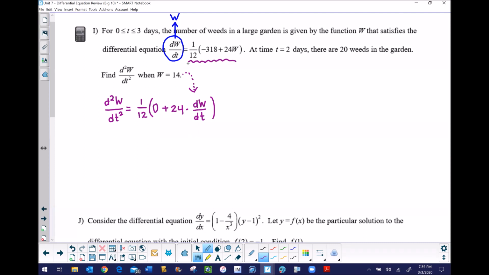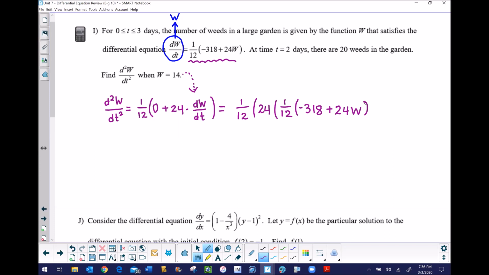We're going to replace the dw with that differential equation, which is much the same thing that we did when we did the lizard problem, which is on the 7.8 homework skill builder. So the 1/12 drops down. I really don't see any need to write the 0 plus anymore. So I'll take 24 and multiply that by 1/12 quantity negative 318 plus 24w.